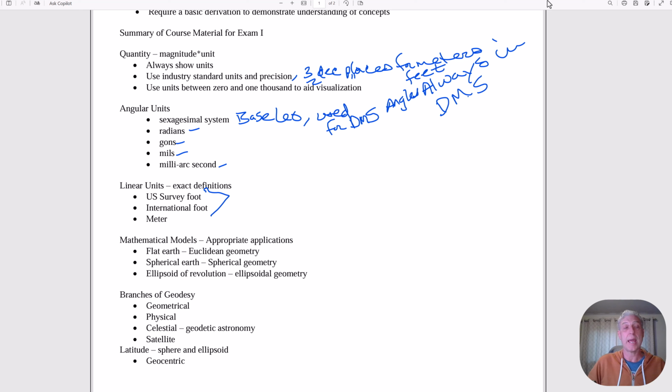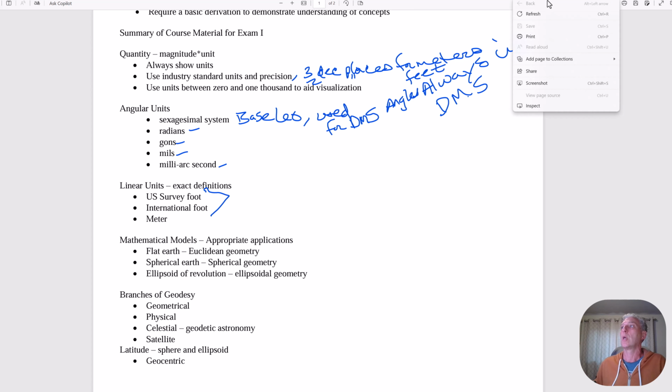Like they think they're the same. They're definitely not. Granted, we have to go out quite a distance to see the difference. I think it's like 2/10 of a foot in 100,000 feet or something like that. It's not a lot, but they are different. So make sure you are familiar with the two different conversions.